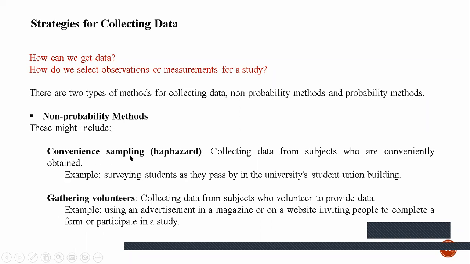For convenience sampling, what will happen? Collecting data from subjects who are conveniently obtained. For example, surveying students as they pass by in the university student union building. But for gathering volunteers, that means collecting data from subjects who volunteer to provide data.